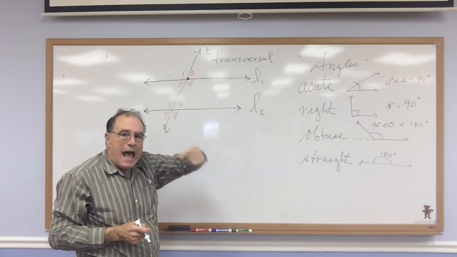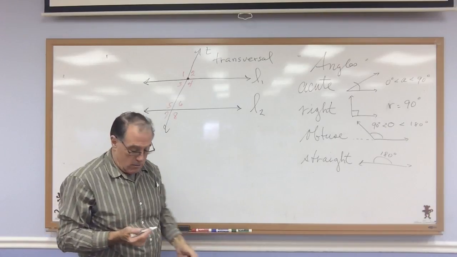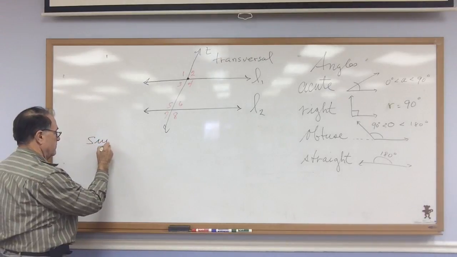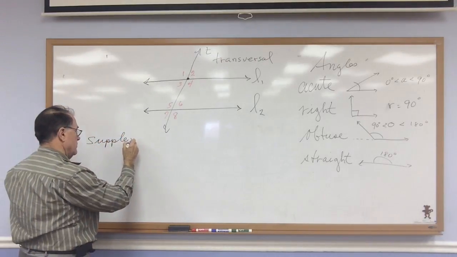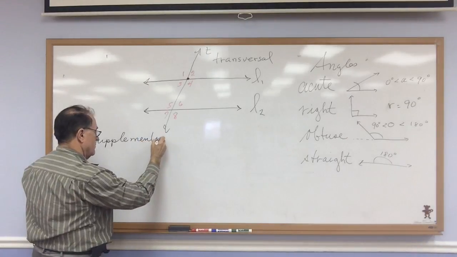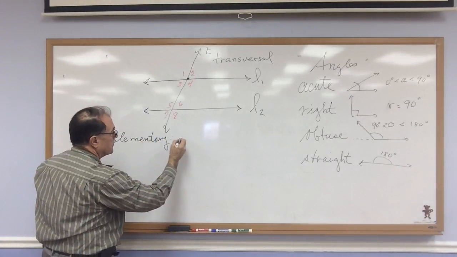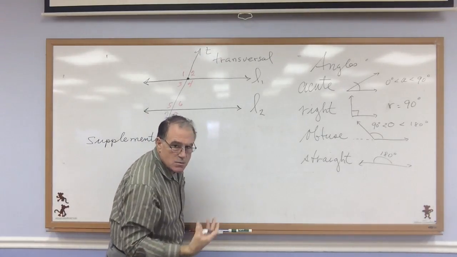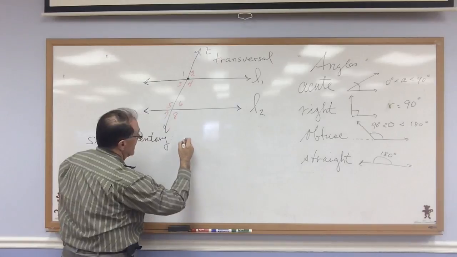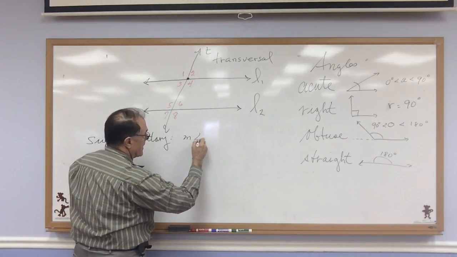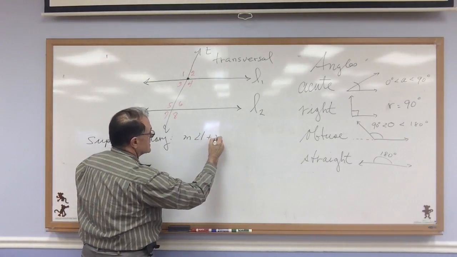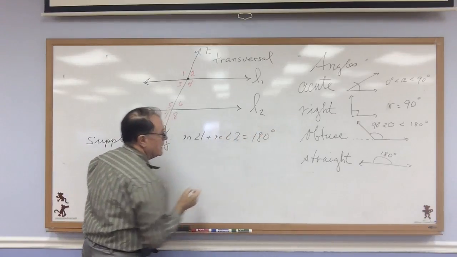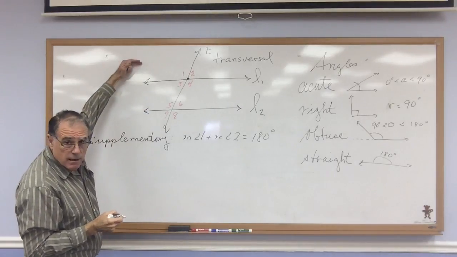Now, when angles form a straight angle, we call them supplementary. And we think of supplementary as two angles whose sum is 180. So for example, the measure of angle 1 plus the measure of angle 2 add up to 180 degrees in this example.